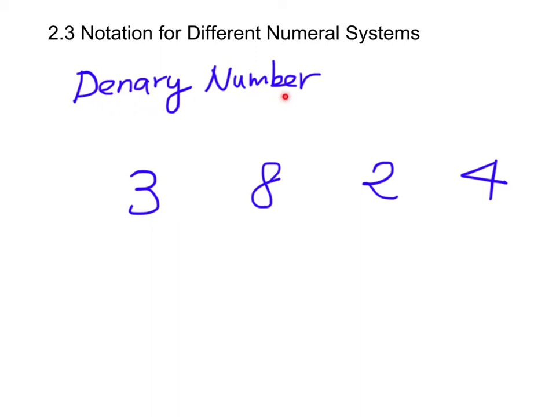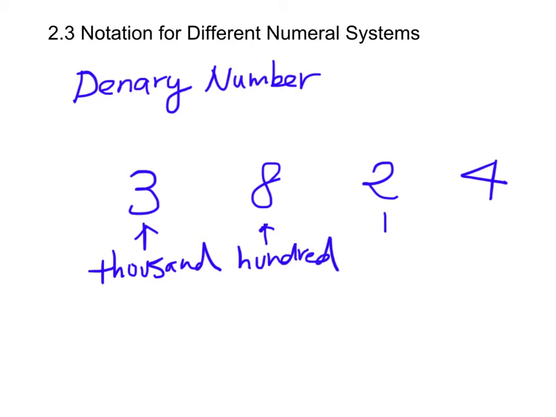Suppose we have a Denary number like 3,824. We all know that each digit has a different place value. This will be 1,000 (千位), this will be 100 (百位), this will be tens, and finally this will be units.